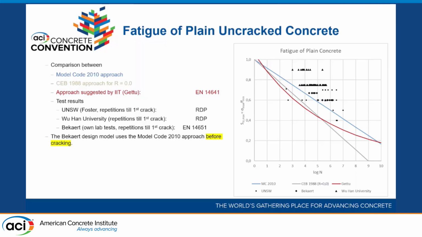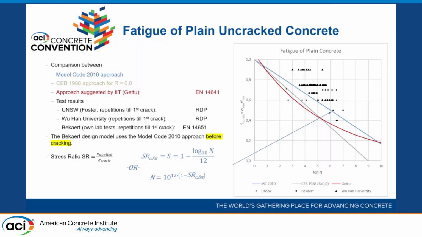As I said before, we have the model code 2010 approach for before cracking, and the equation that we used, it'll look very familiar because we saw it before. The stress ratio that I'm talking about is the applied stress over the static capacity stress, and the 2010 model code equation is that line there. This is the one that we use.